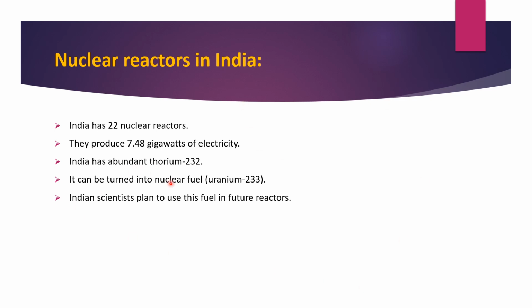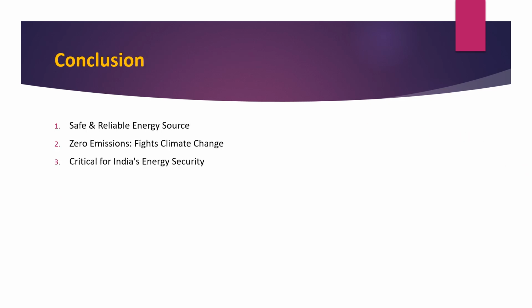India has an abundant source of thorium-232 isotope, and thorium-232 can be converted into uranium-233 by bombardment with slow moving neutrons, and uranium-233 can be used as a fuel in the nuclear reactor. The scientists are working on that, and if they succeed, we'll have a tremendous source of electricity in our nation.